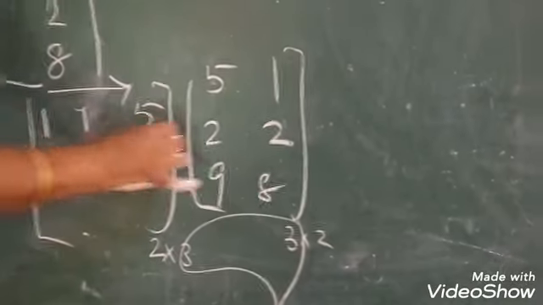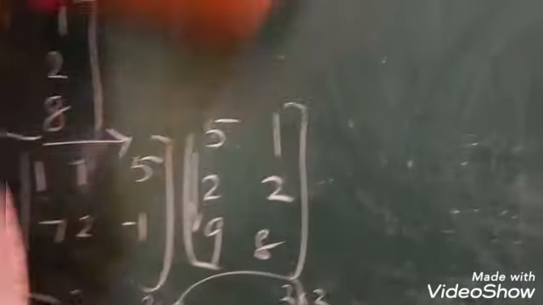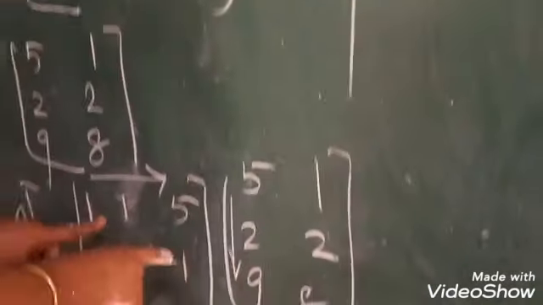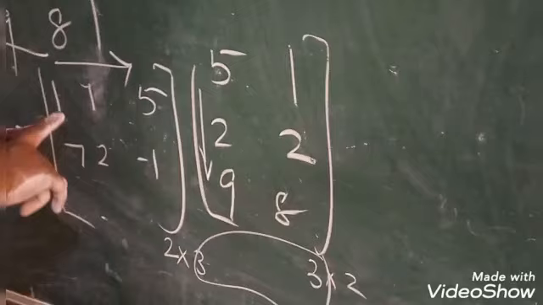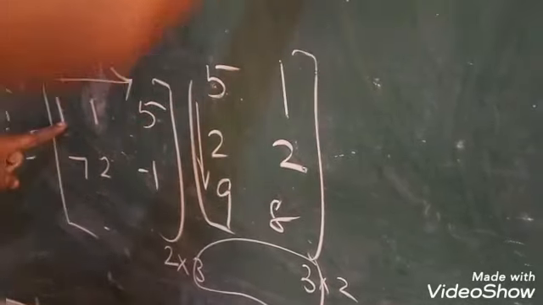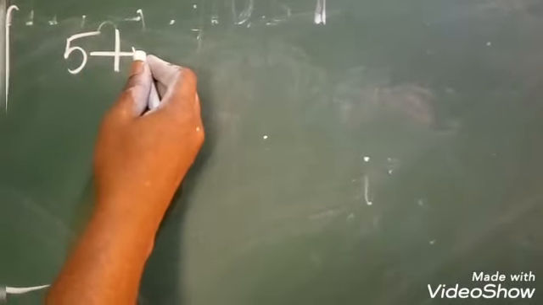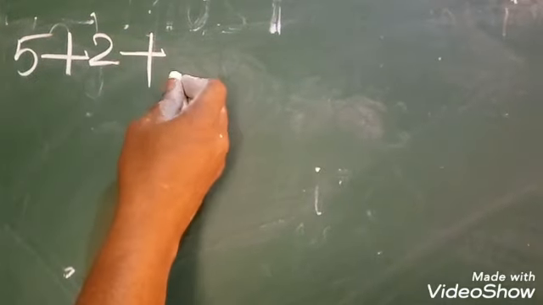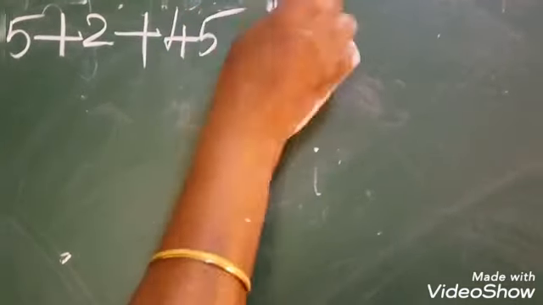First row, first column. You have to simplify, girls. First row, what is the first row? 1 into 5, yes, 5, plus 1 into 2, 2, then 5 into 9, 45. Okay girls?